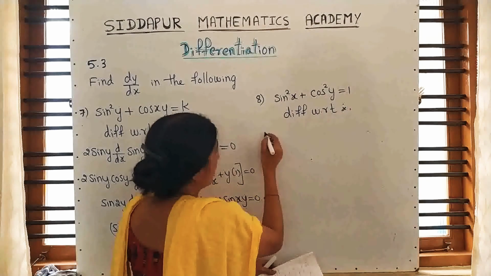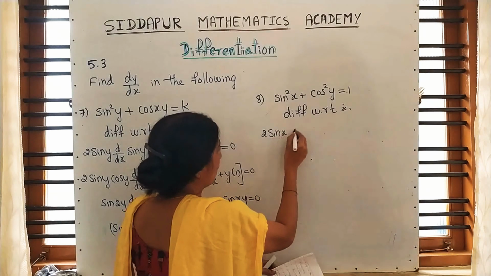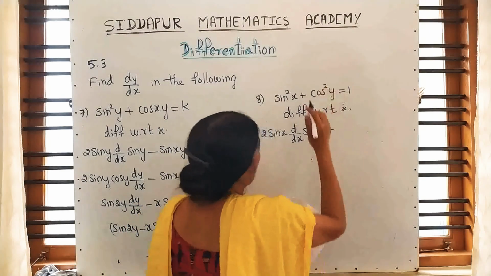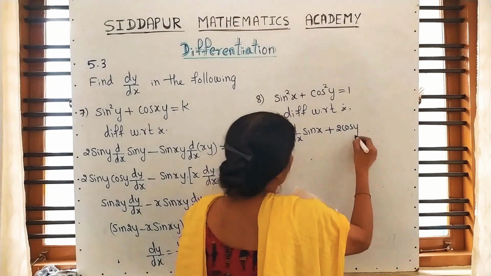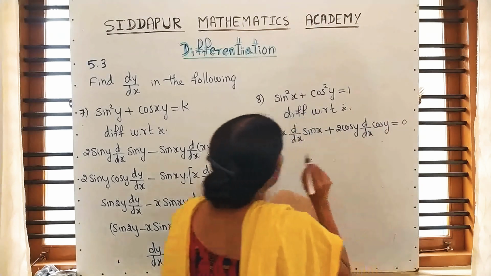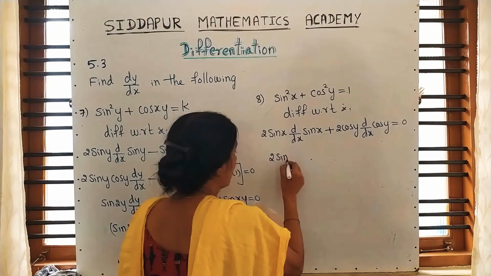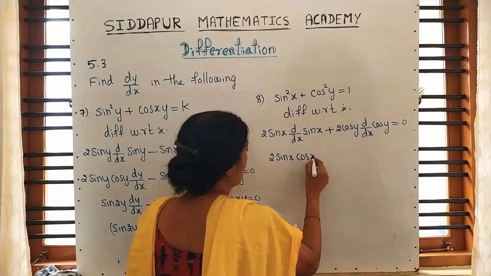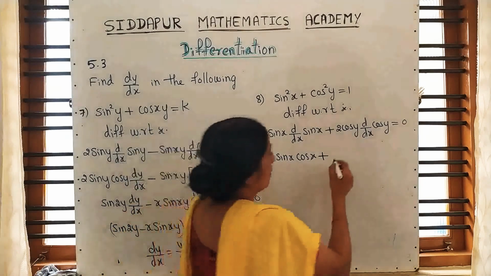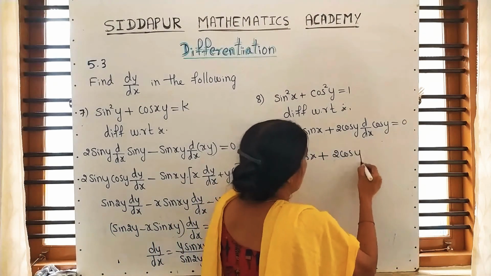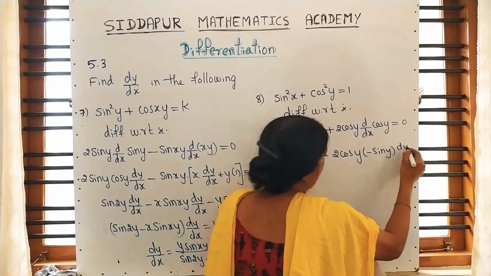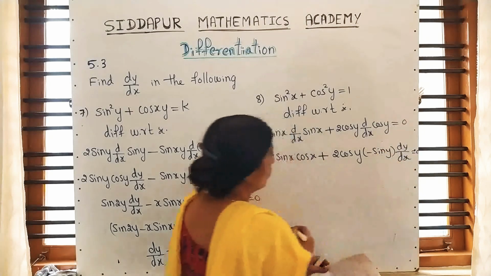First power, differentiation of sin square is 2 sin x into differentiation of sin x, plus cos square y first power 2 cos y into differentiation of cos y is equal to differentiation of 1, which is 0. 2 sin x, differentiation of sin x is cos x. And no need to differentiate the angle because it is x. 2 cos y, differentiation of cos y is what? Minus sin y. That's why I wrote in the bracket into dy upon dx is equal to 0.